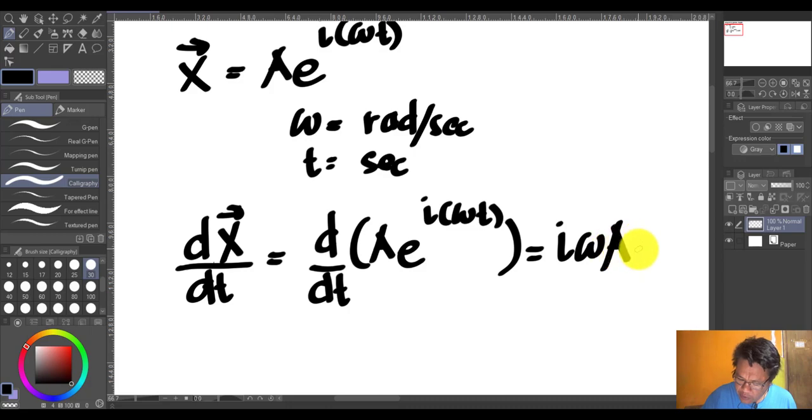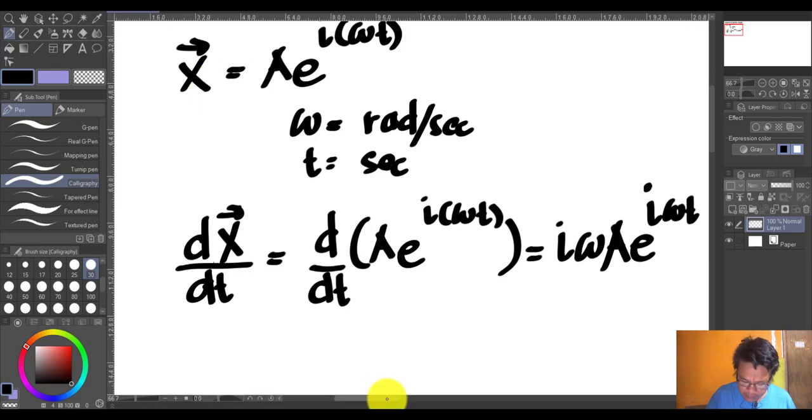So we have your A and e, with the exponent i angular velocity times time, where this A e is equal to the value of my x bar.